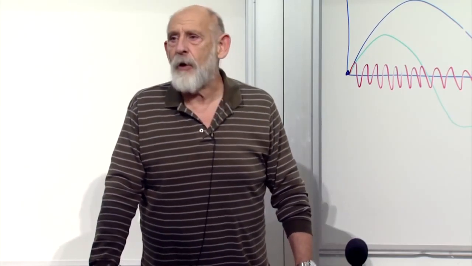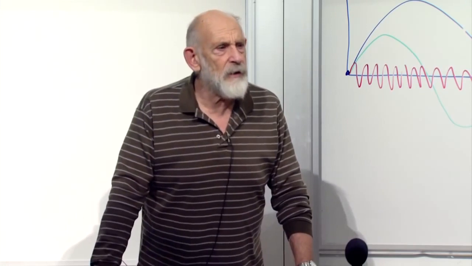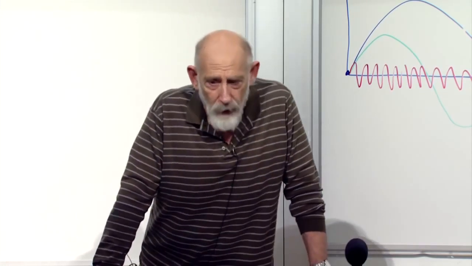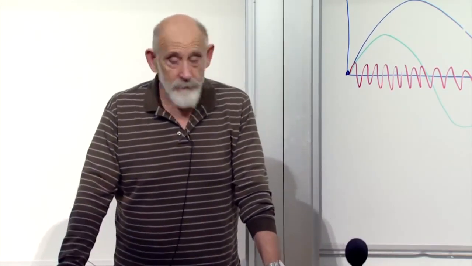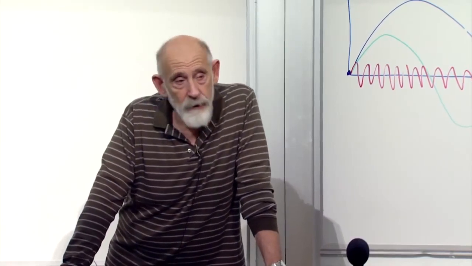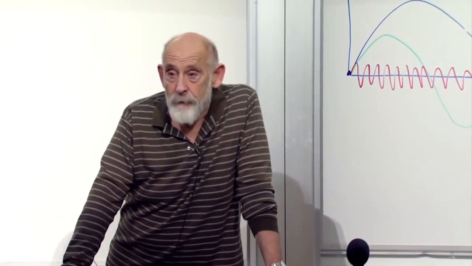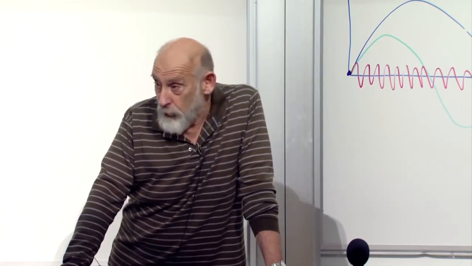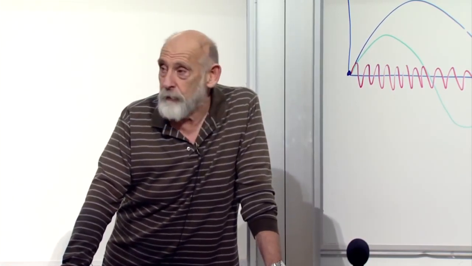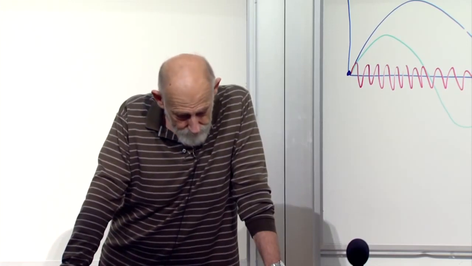The need to quantize fields, or the need to do something involving h-bar, goes back to Planck. Well, it goes back before Planck. We will eventually talk about what is called the ultraviolet catastrophe.